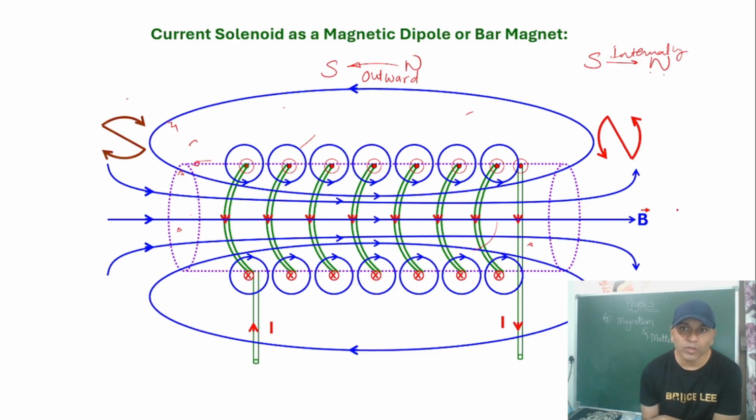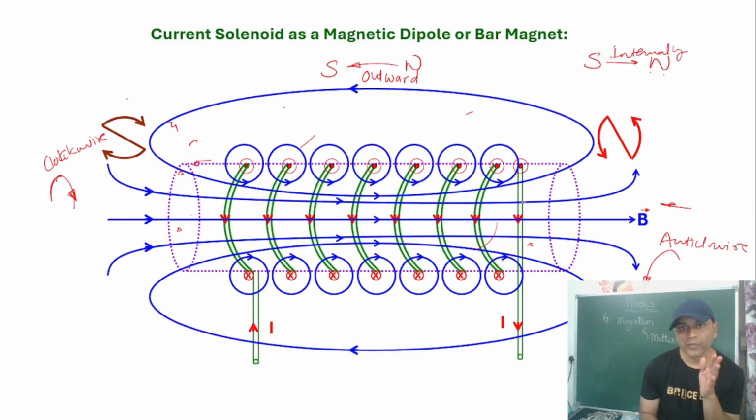If I observe from this side, I can see the current going this way. From the other side, if I observe, the current will be going the other way. So this is clockwise, and this is anti-clockwise.